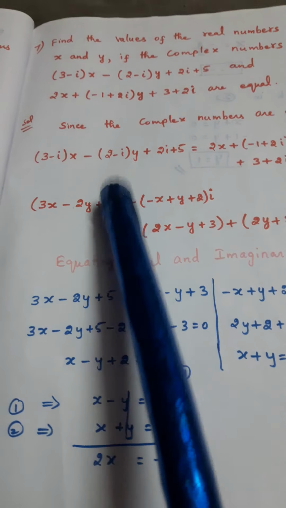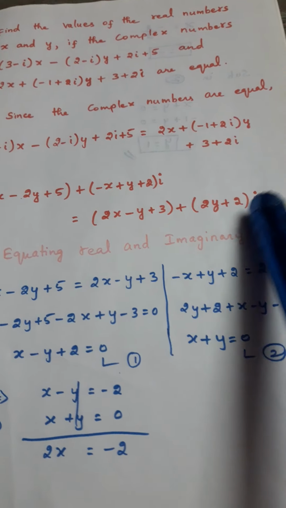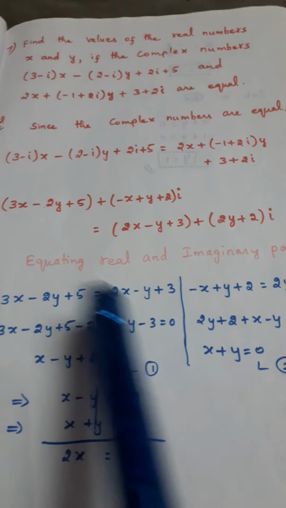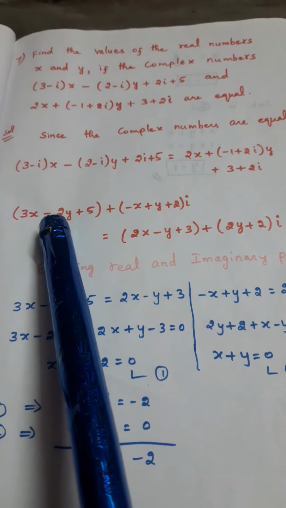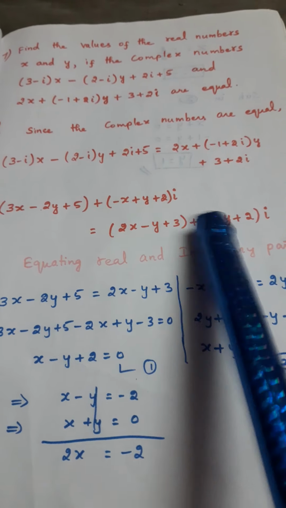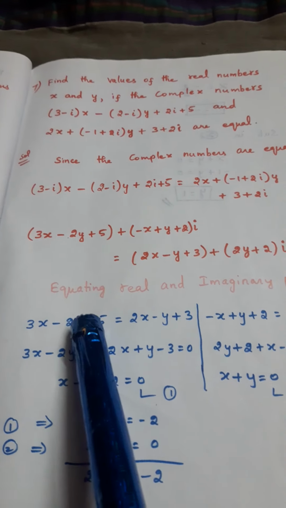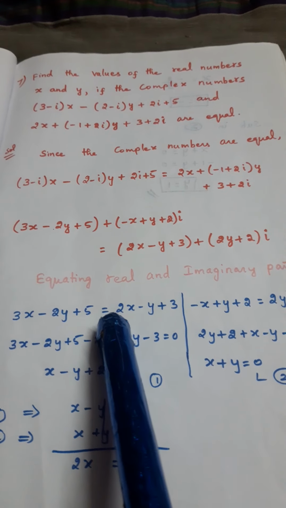This bracket that I have taken and written here, right? What is the real part on the right hand side? This first bracket that is also taken here and written. Since the complex numbers are equal, definitely the real part of this should be equal to the real part of this. So I have taken the real part here, the right side real part is here, they are equal.